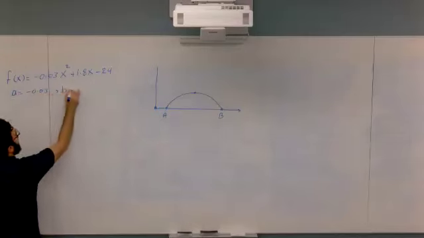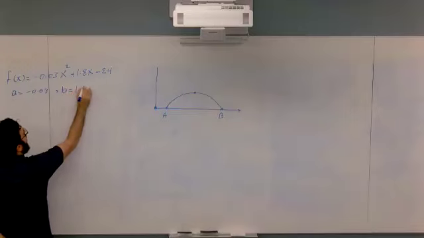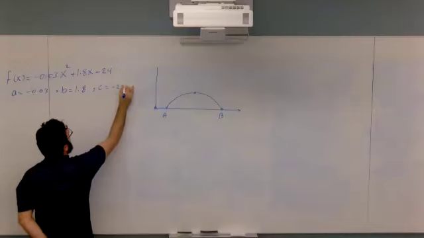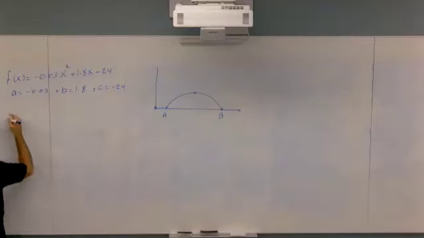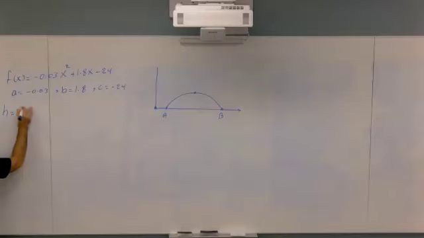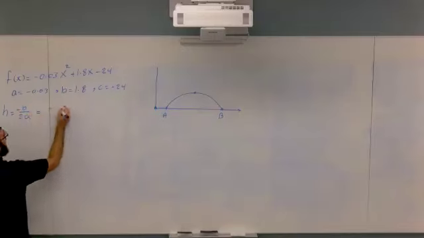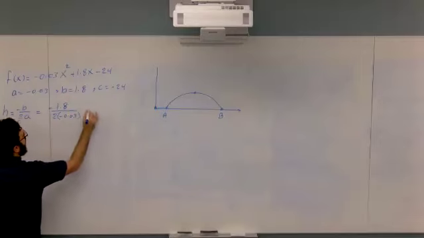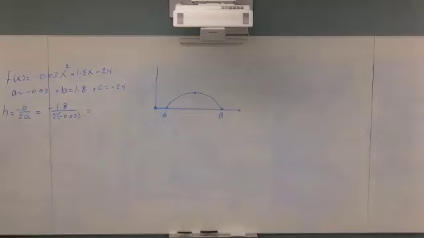The value of b is 1.8, the value of c is negative 24. So h is going to be negative b divided by 2a, which is negative 1.8 divided by 2 times negative 0.03. Equal to what? That's 30.